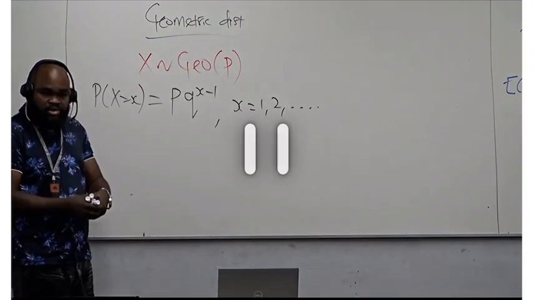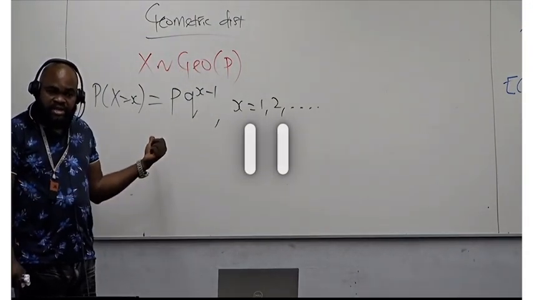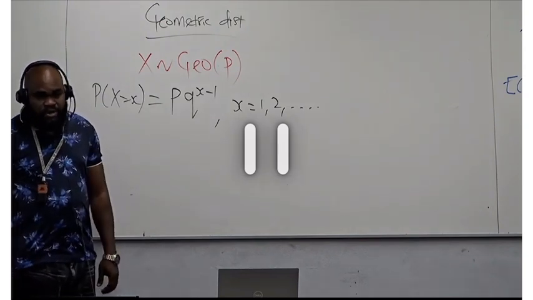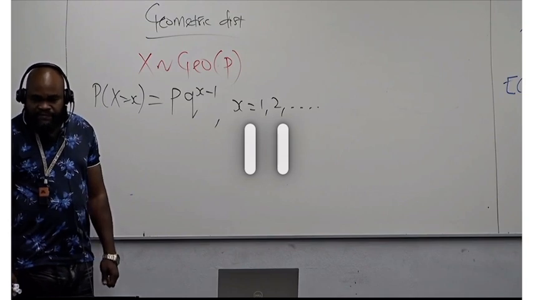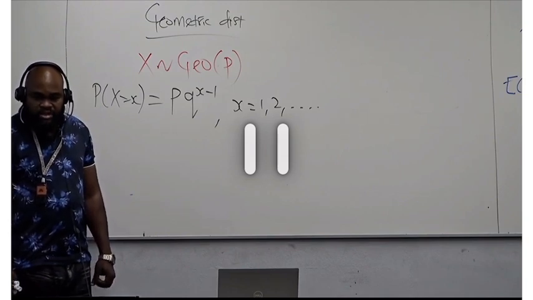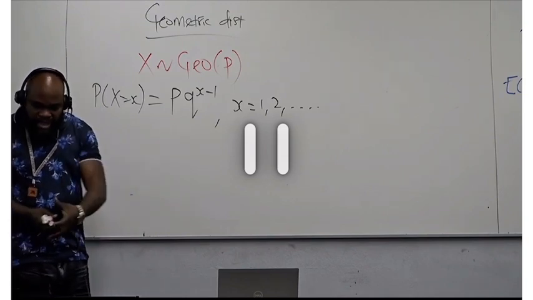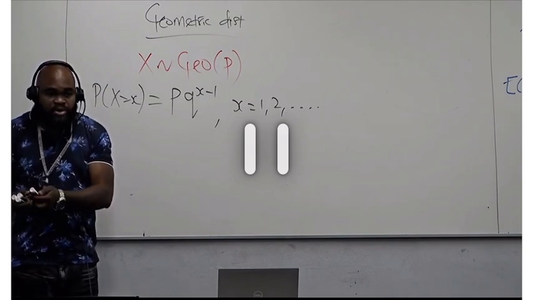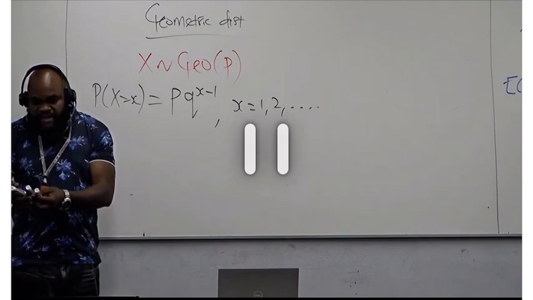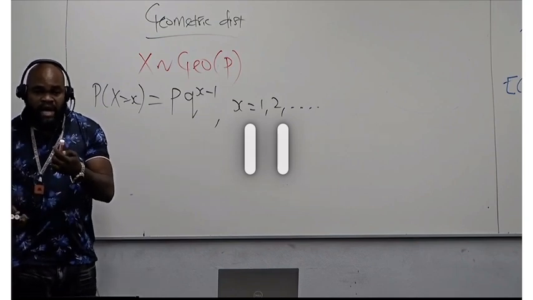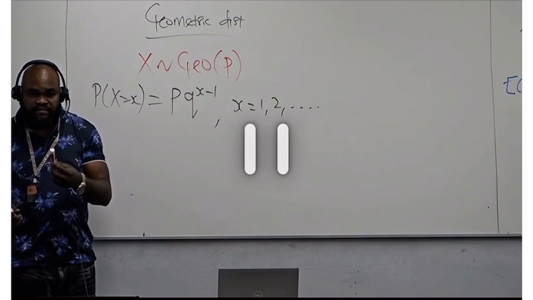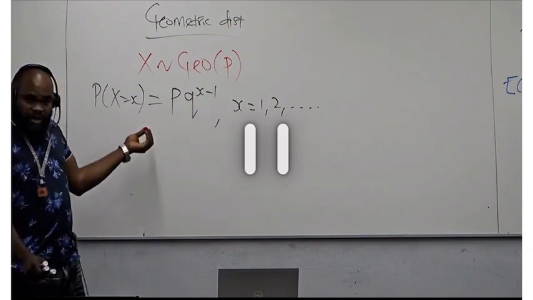Now, the geometric is trying to say we want to figure out the number of Bernoulli trials before recording the first success. For instance, we've been examining some products for quality: how many products are we actually going to investigate before we run into the first defective one? That would be this guy.